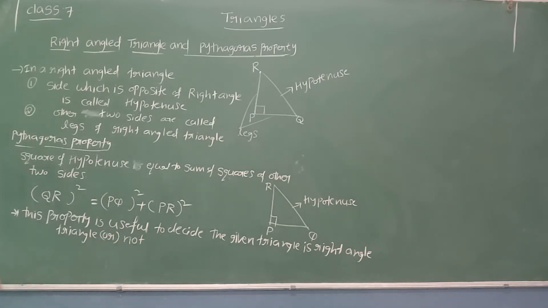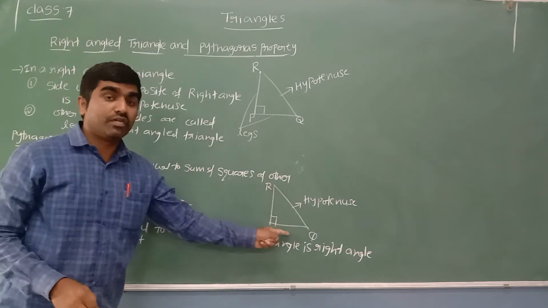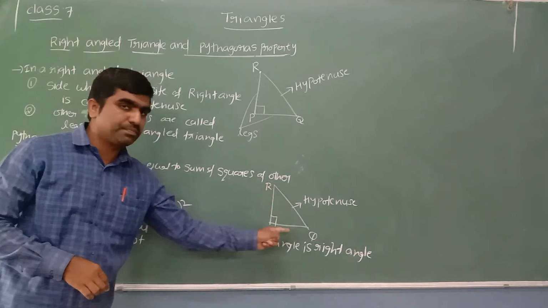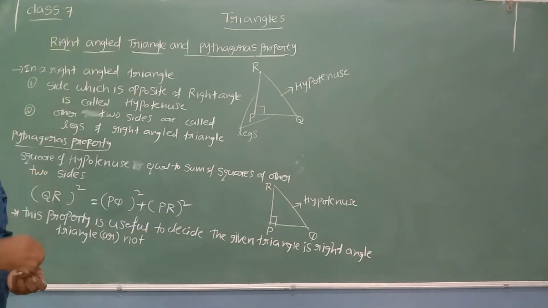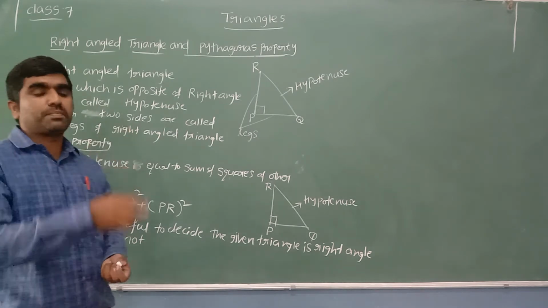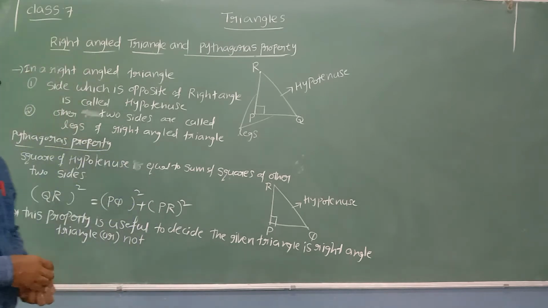Means when we know the lengths of the three sides of a triangle, with the help of those three lengths we can identify a right angle triangle. By using those three lengths, is it possible to form a right angle triangle or not? By seeing their lengths, we can decide.